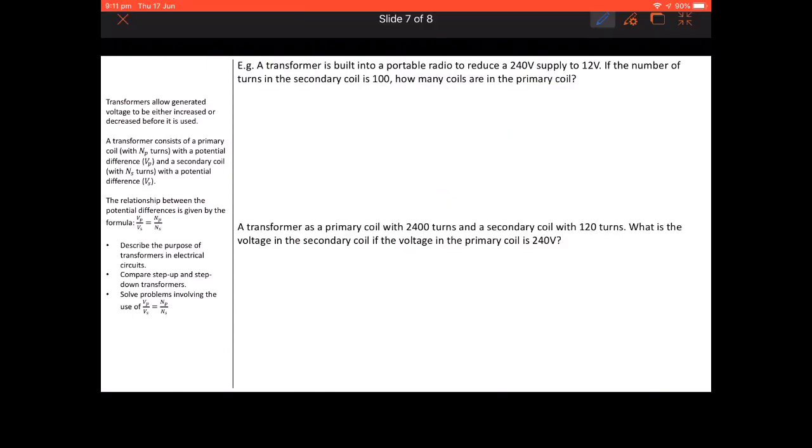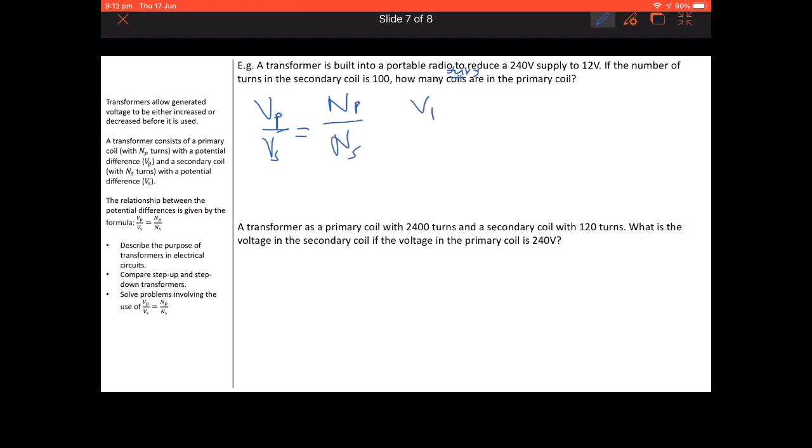So as a worked example, you've got a transformer that's built into a portable radio to reduce a 240 volt supply to 12 volts. If the number of turns in the secondary coil is 100, how many turns are in the primary coil? We'll just use our ratio, so we'll write that Vp on Vs is going to be equal to Np on Ns.